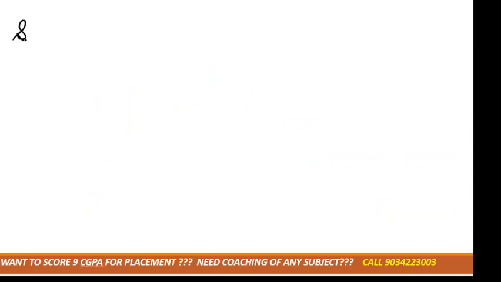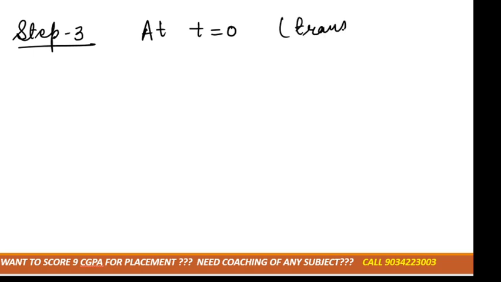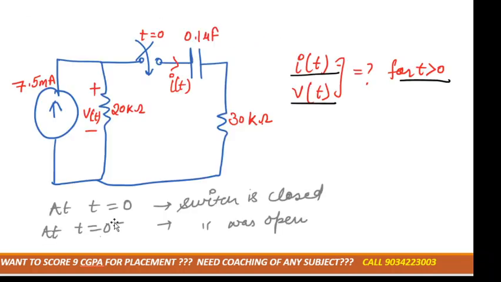Now in the third step, step number 3, we have to calculate at t equal to 0. T equal to 0 means the transient condition. Transient means at which point it is changing. Like I told you, at t equal to 0 the switch is closed. At 0 minus it was open, so that was steady state.